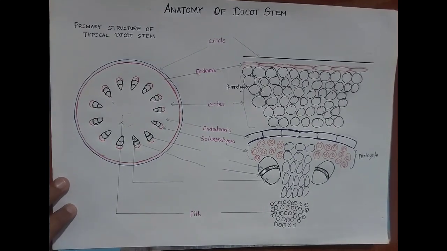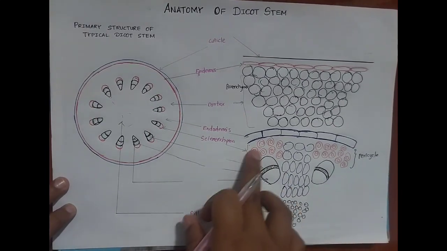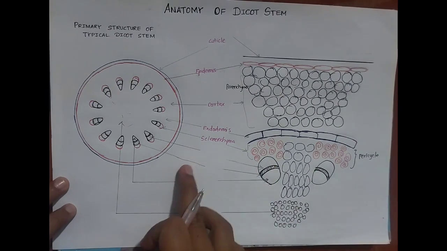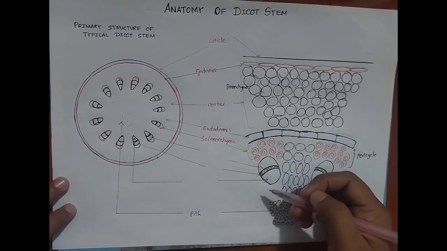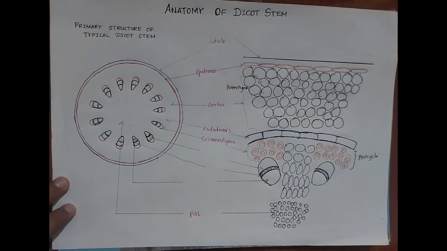When we talk about the vascular bundle, you have mainly the xylem and the phloem.